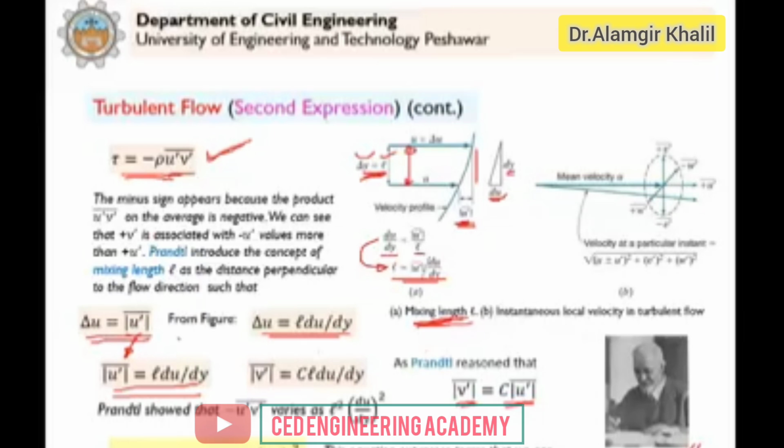So based on this, we can write this expression as v dash bar equal to c into L du by dy. And this quantity here can be written as L into du by dy and L into dy by dx. And this c we bring into this mixing length L. So that is why this component is now equal to L square into du by dy whole square.